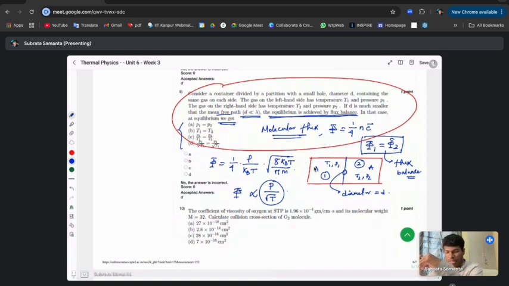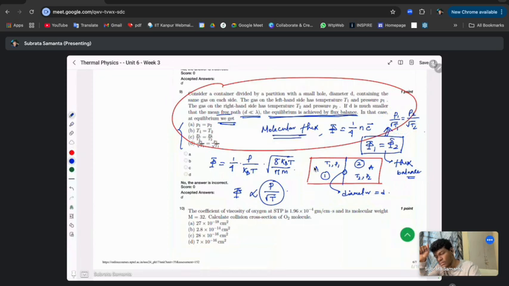An effusion process means there is a hole and the gas is leaking through this hole, but the equilibrium is achieved through the flux balance. So phi 1 equals phi 2, which implies that P1 over square root of T1 equals P2 over square root of T2, right?